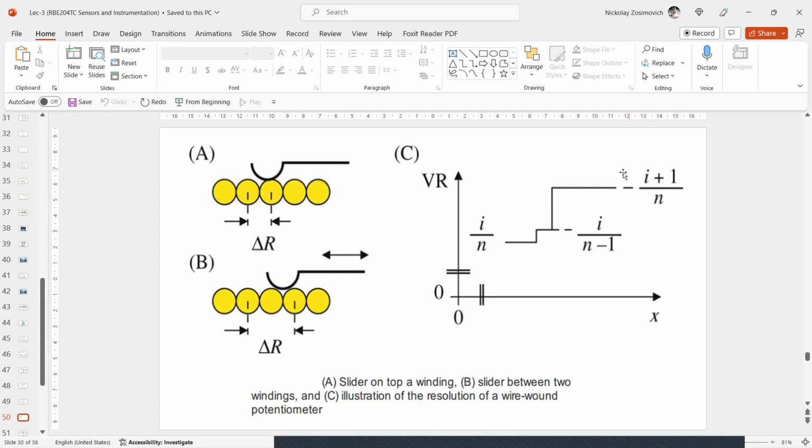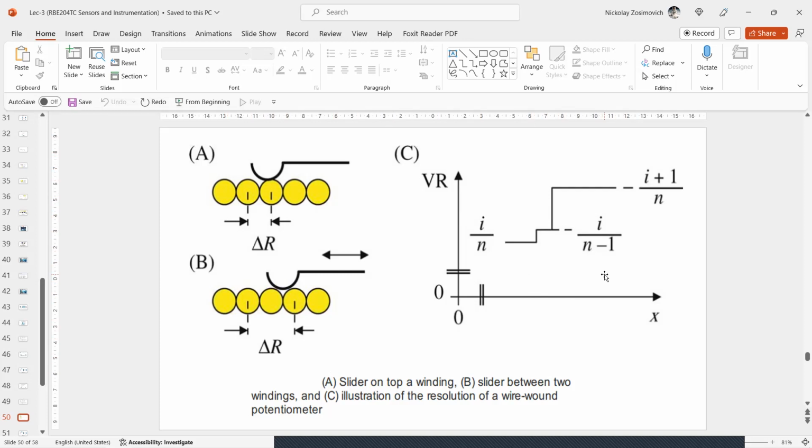Actually, the wiper might short-circuit one turn when positioned just between two windings, as you can see here in figure B. In those particular positions, the total resistance drops down to N minus 1 times delta R, and hence our VR is proportional to I over N minus 1, which is slightly more than I over N.